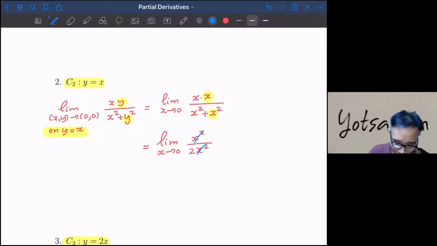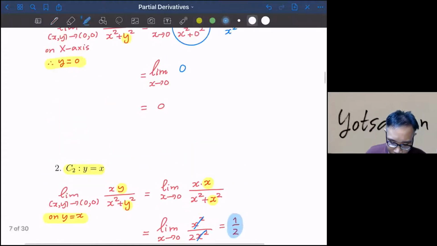So this will be equal to 1/2. So the limit for xy over x squared plus y squared on y equal to x is 1/2. And the limit on the x-axis will be equal to 0.